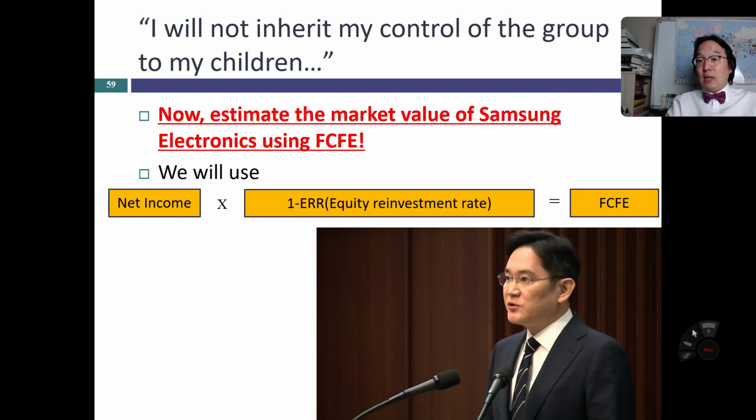Is he going after that? It throws up a lot of questions in terms of corporate governance. Now we will use net income times (1 minus ERR) equals FCFE, the free cash flow to equity, and then estimate the value of the stock, Samsung. So let's see what's going to happen.